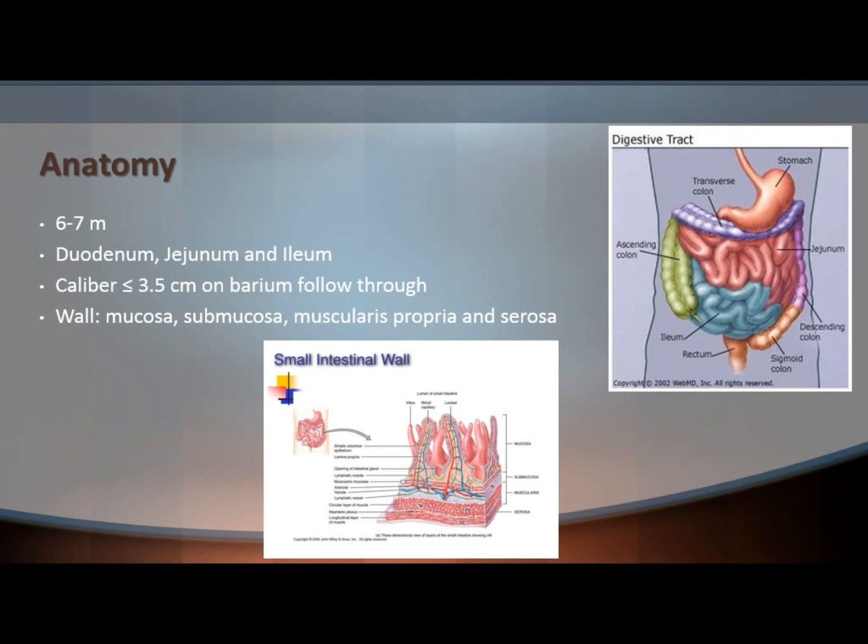So whenever you have 3 and above, it's certainly dilated and extended. The wall is made of 4 layers: the mucosa, submucosa, muscularis propria, and then the serosa.